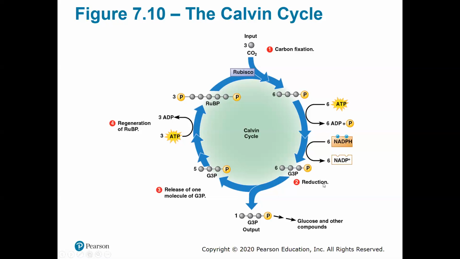So the overall goal of the Calvin cycle is to produce G3P. G3P is half of a glucose molecule. So the Calvin cycle has to run through twice. This has to occur twice to create 1 glucose molecule.